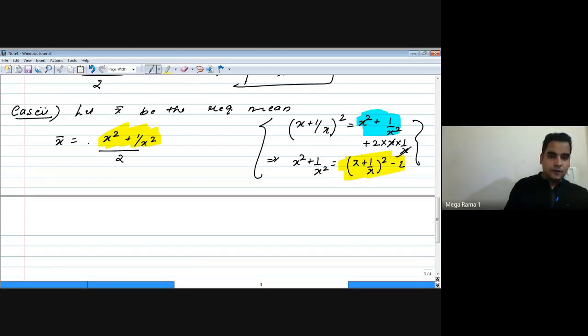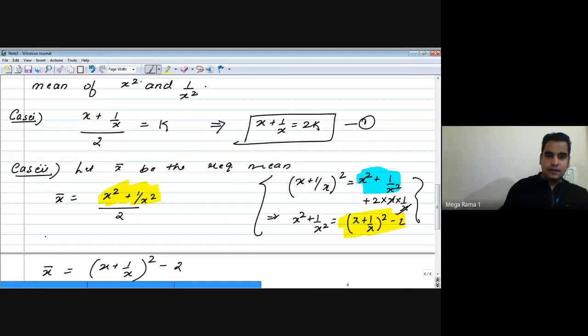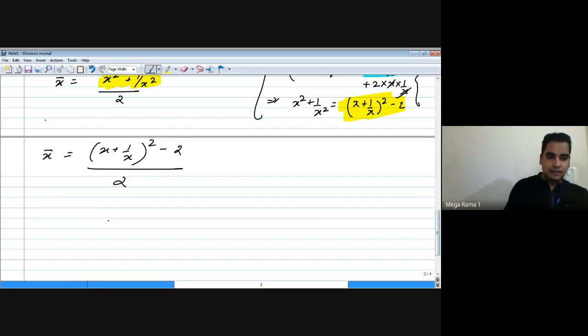Clear? So this x bar that we have can be written as x plus 1 upon x whole square minus 2 by 2. Now what was the value of x plus 1 upon x? The value of x plus 1 upon x was 2k. So I am going to replace that x plus 1 upon x here by 2k.